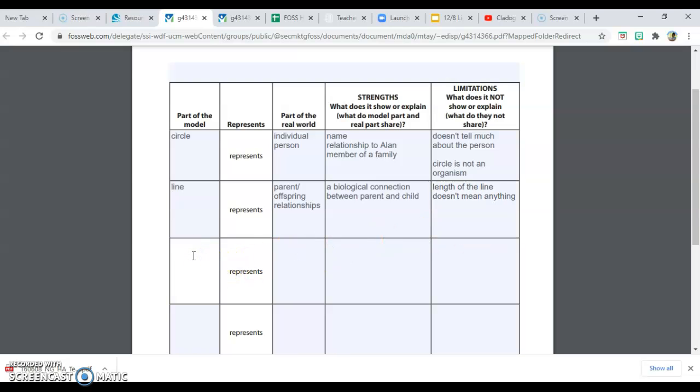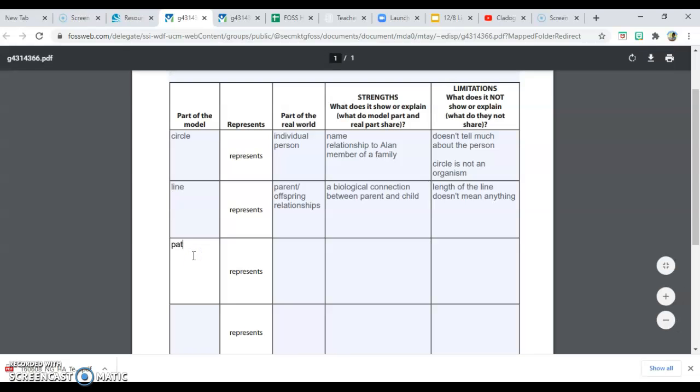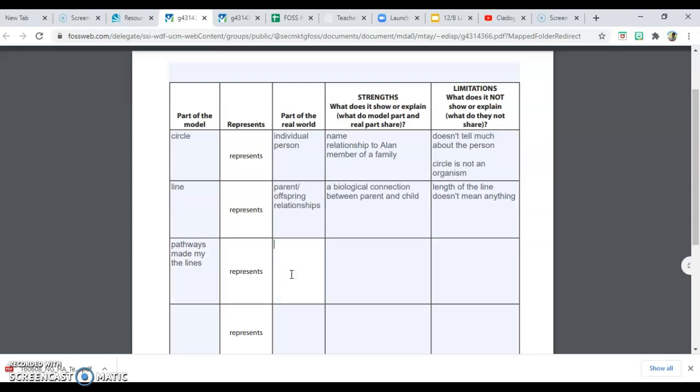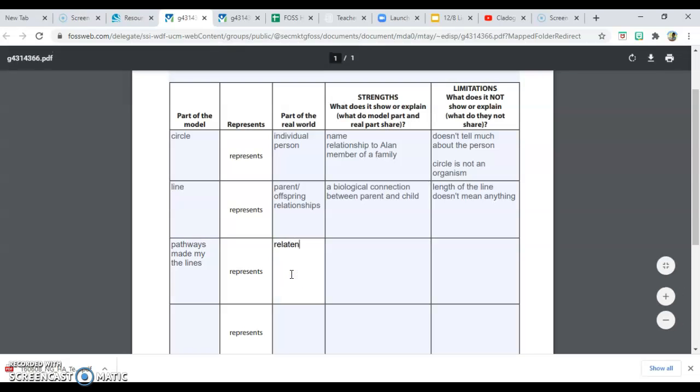It doesn't tell us anything. Okay. Another part of the model are the pathways made by the lines. They represent the relatedness through generations. And what am I talking about?